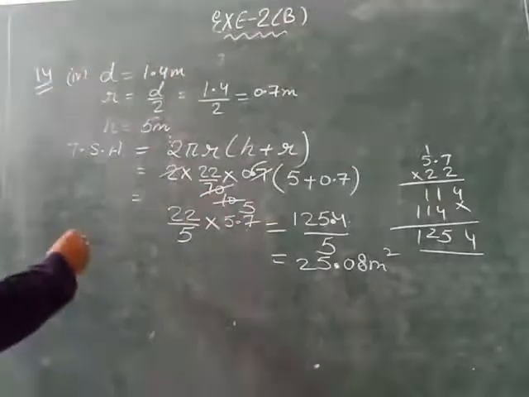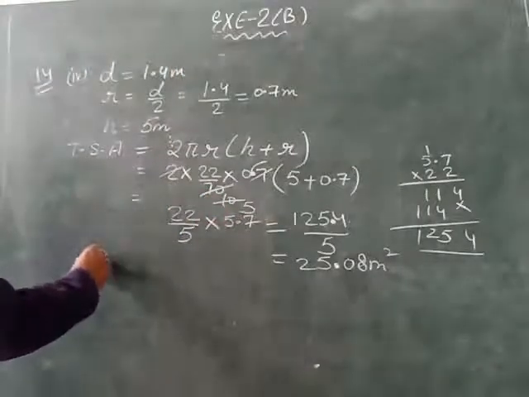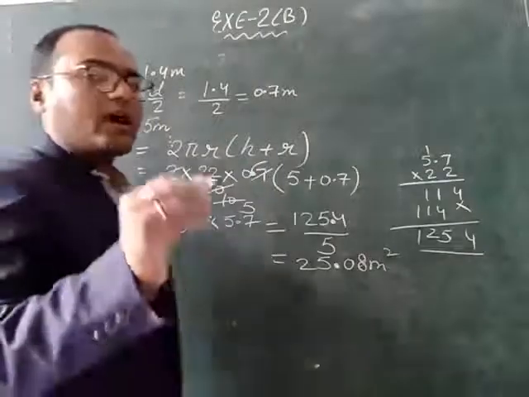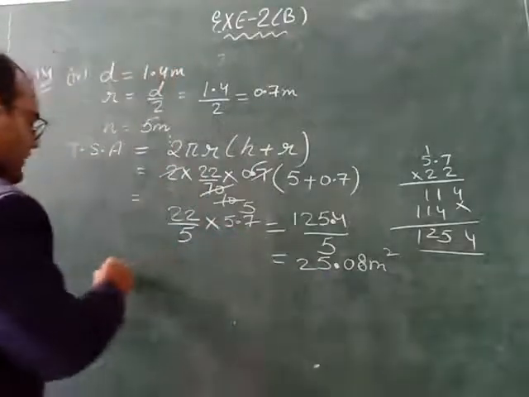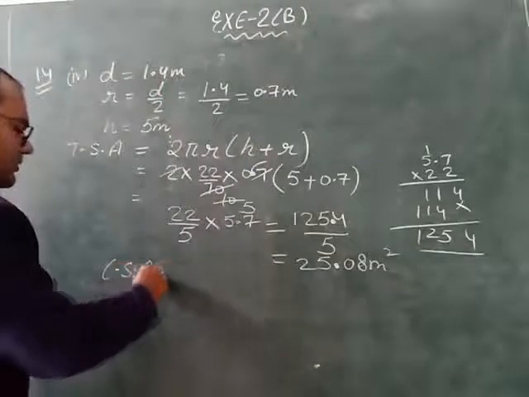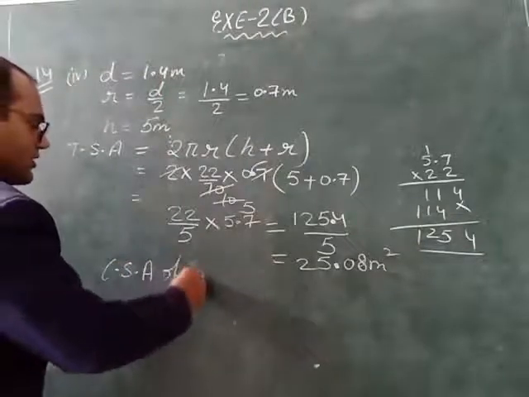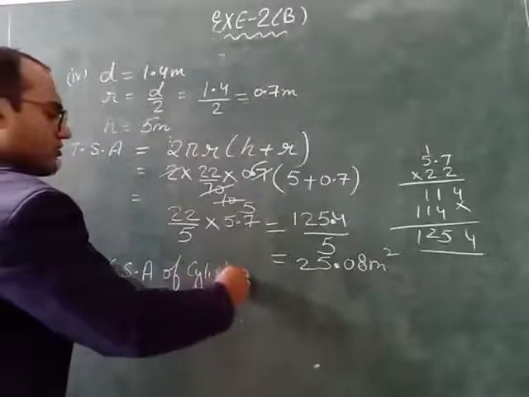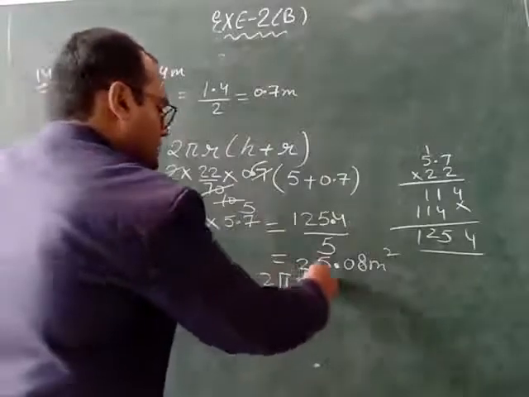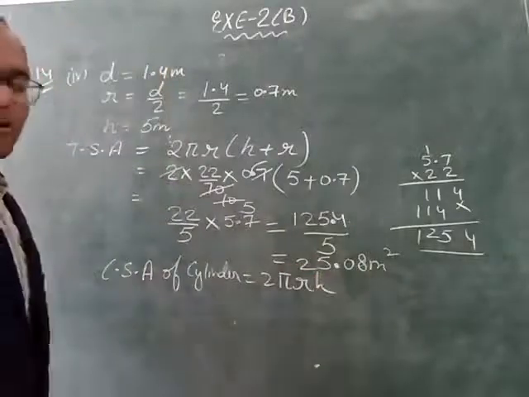Now one more thing we have to find in the question: the curved surface area. In order to find the CSA of the cylinder, we have to use the formula 2 pi r h. Only this much formula we have to use.